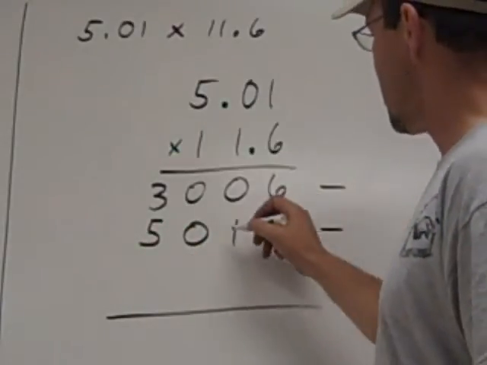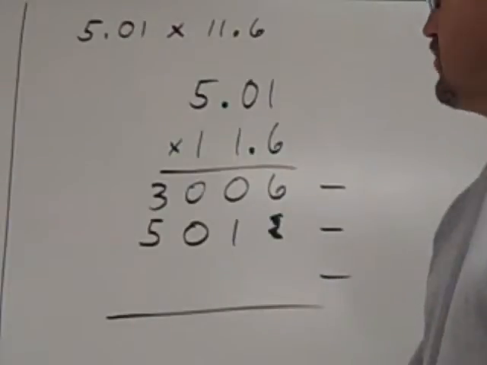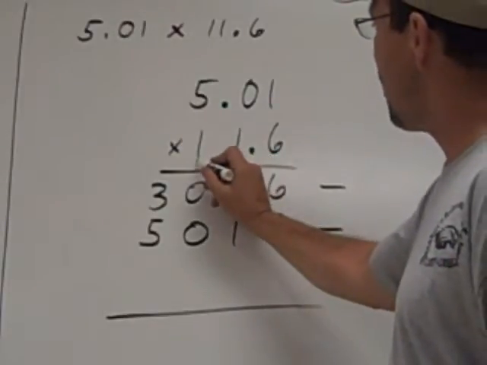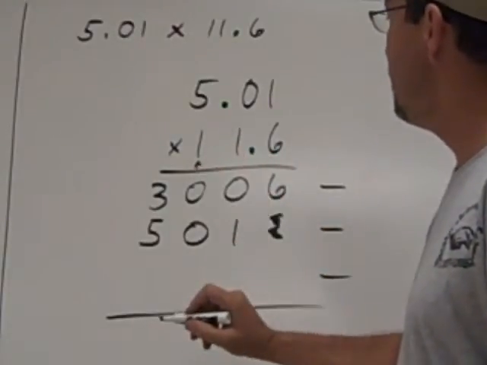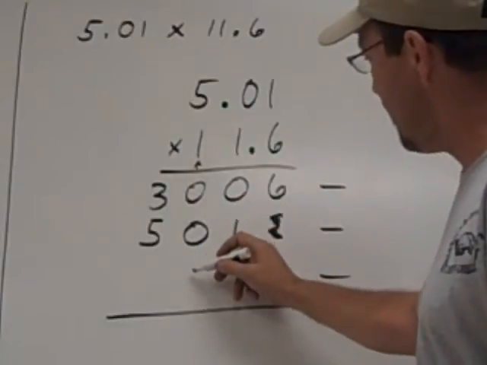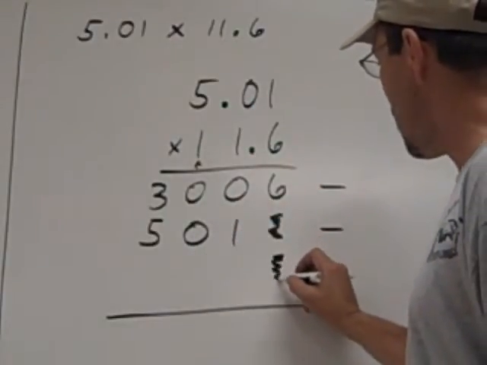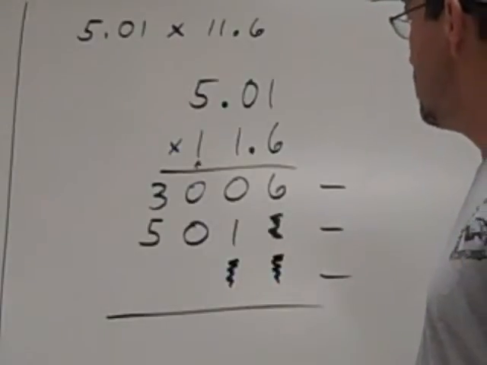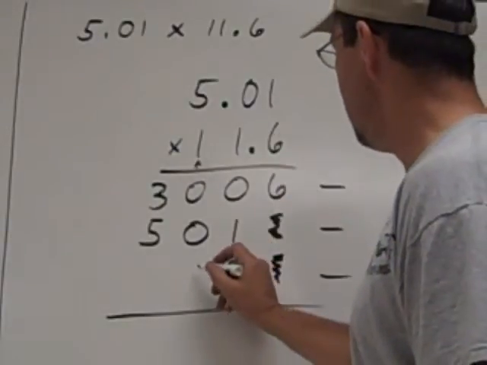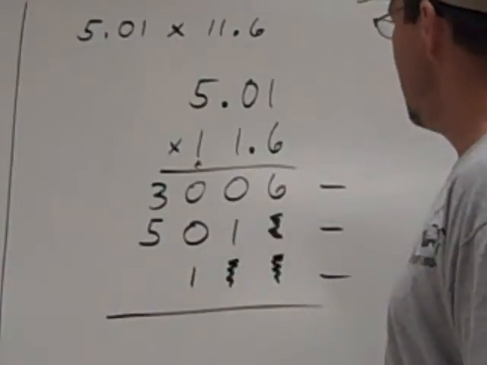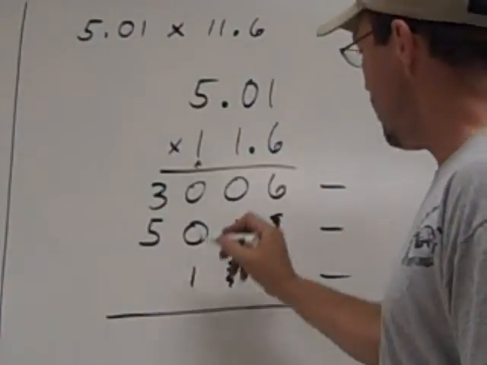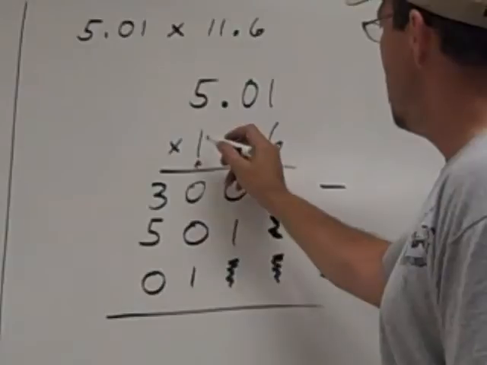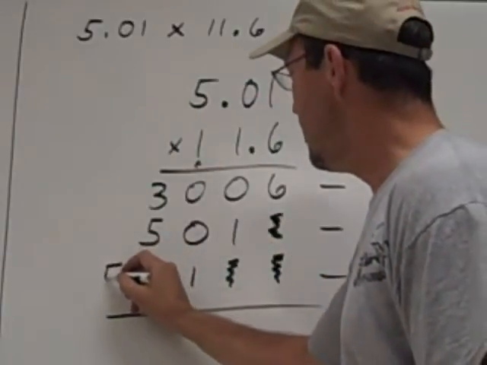Second number is completed. Second line is completed. Now we're going to the third number, and our number's got to start underneath there, so I need 2 bump overs. 1 times 1, 1. 1 times 0, 0. 1 times 5, 5.